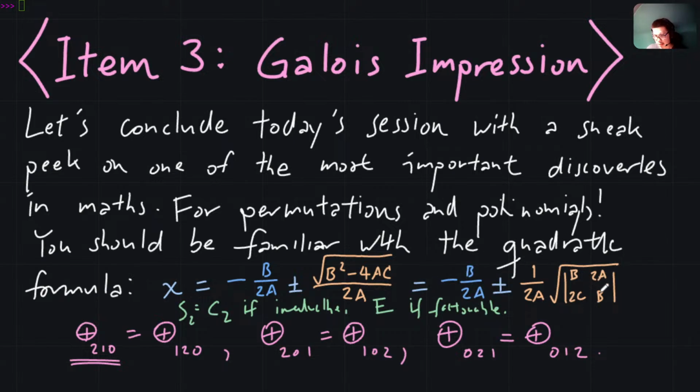You likely have not seen this form of the quadratic formula, but you can express the quadratic formula in only 3 components: the B, the 2A, and the 2C. Like, that's all. And then there's a discriminant over there. The Galois group can be thought of as the number of the symmetries of the roots, like how does using these roots change some polynomial in the form of these roots.